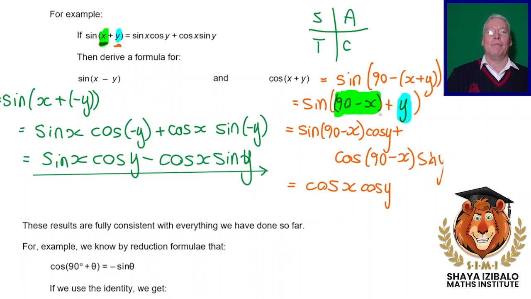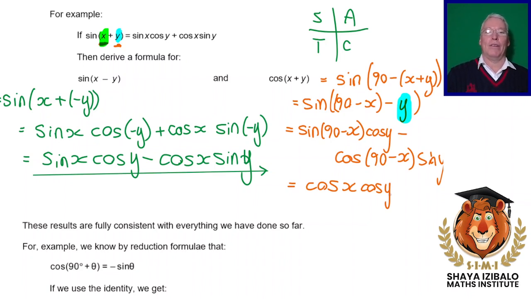sorry guys, this is 90 minus x, and this is in fact minus y. Right, so I've made a silly error here. This is a minus y, and then this is a minus over here as well, because I'm now using this formula.